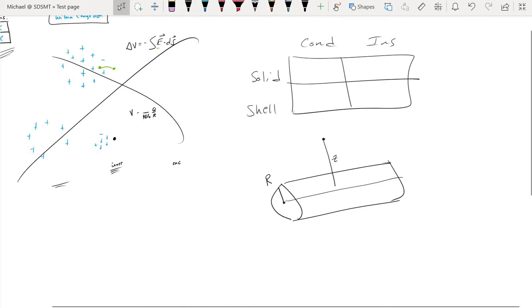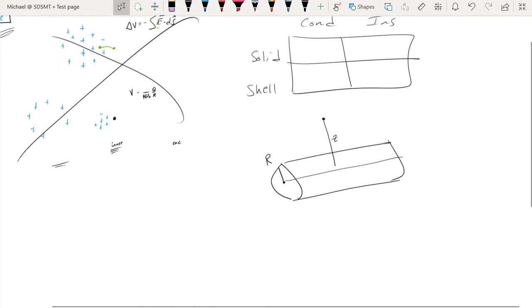And we can still go through all of the math here with the electric potential, but we're going to come to the same result as what we did before. As long as we're outside of a uniformly charged cylinder, it doesn't matter what it's made of or if it's solid or a shell. As long as we're outside of it, it's going to act like a line.